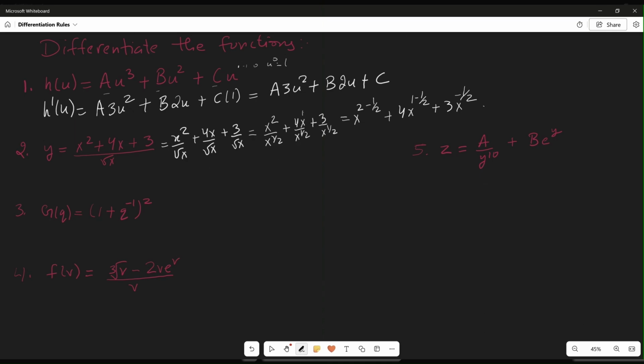And simplifying this further, 2 minus 1 over 2, which is 4 minus 1 over 2, is 3 over 2.